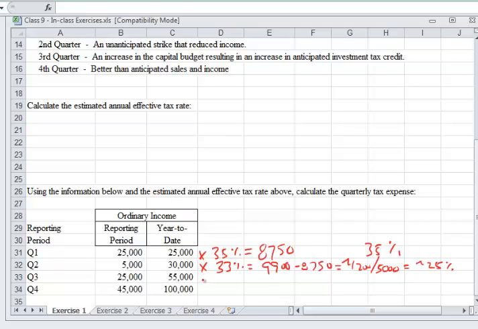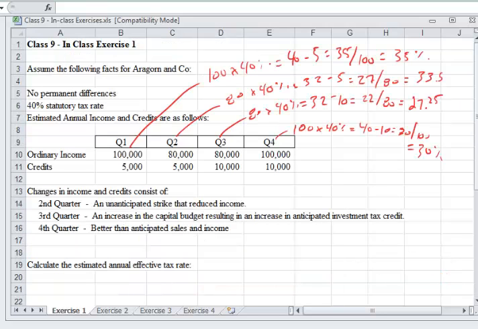Q3, I take my 55 times my 27%. What's that now? $13,500. Sounds about right. What'd you get, Sam?